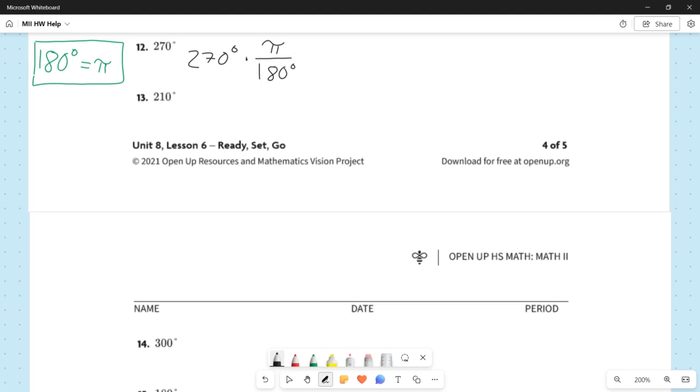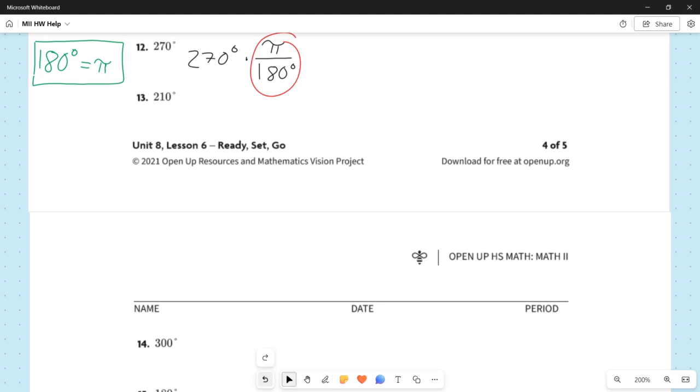I'm going to pause here because I really want to make sure that people understand this. We're taking the 270 degrees and multiplying by 1, and anything over itself is 1, and we just said that 180 degrees is the same thing as pi radians. So this fraction, pi radians over 180 degrees, equals the number 1 because it's something over itself, because those two things are the same thing. Pi radians is 180 degrees.